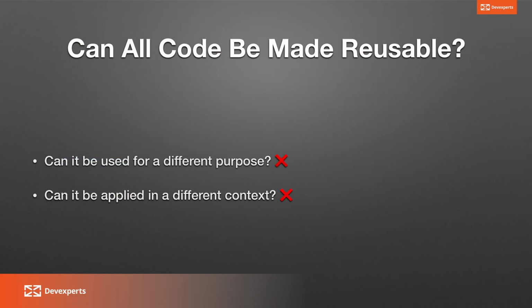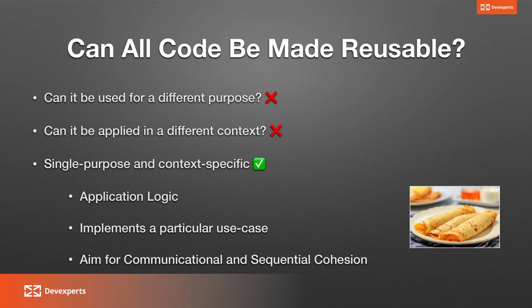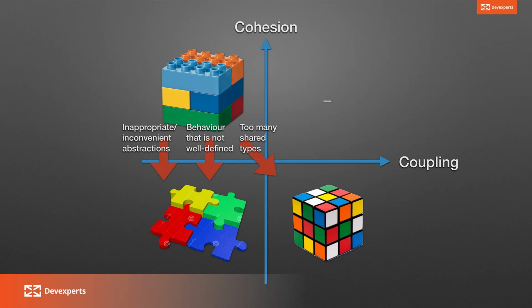But the thing is that by extracting domain and interaction logic properly, this will keep the application logic cohesive. So normally the application logic will have a bit weaker cohesion because it just implements very particular use cases from the business domain. And again, try to make this analogy with the recipe.